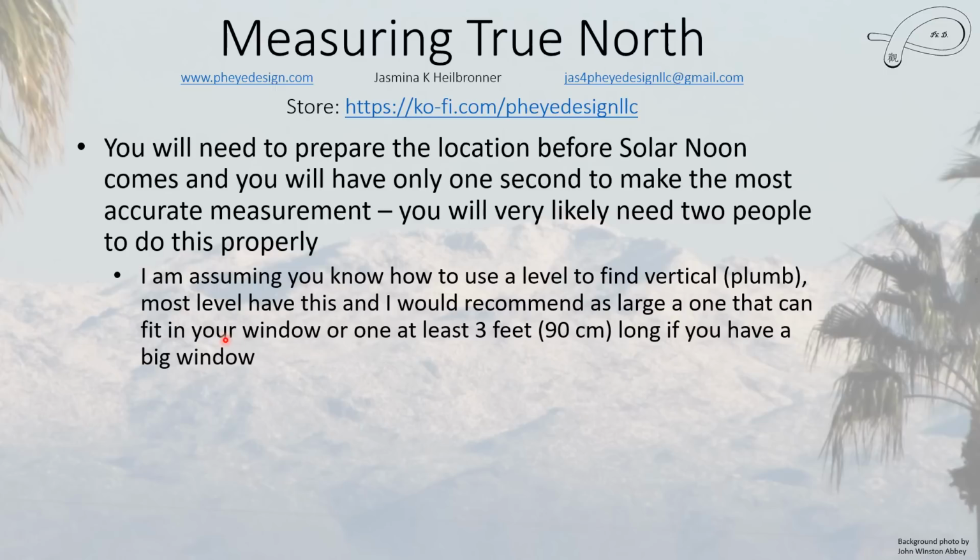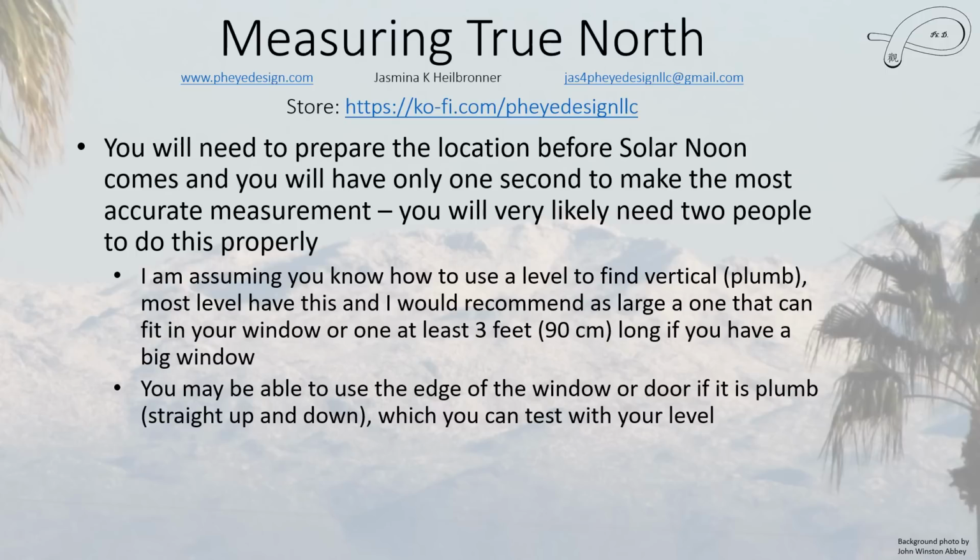But I would recommend you have a decently long level. 3 feet is a really good size level, and it's pretty standard. But if your window is less than that, it's whatever fits in your window. And if you have a big window, I don't think you need anything more than 3 feet long. That will be fine.